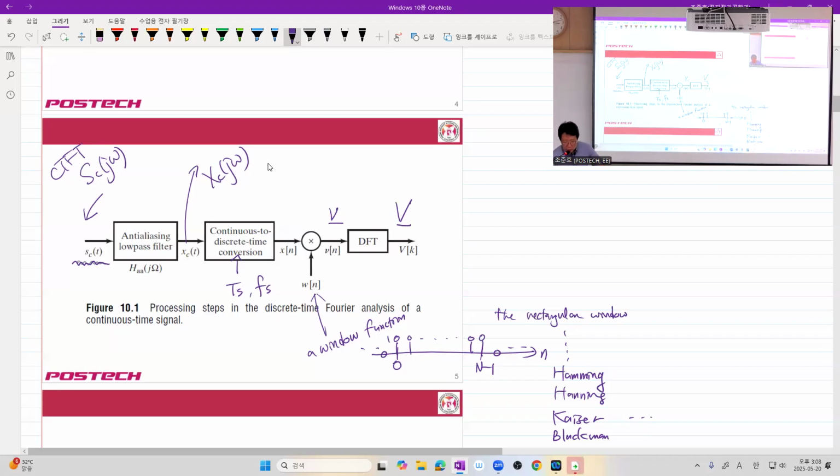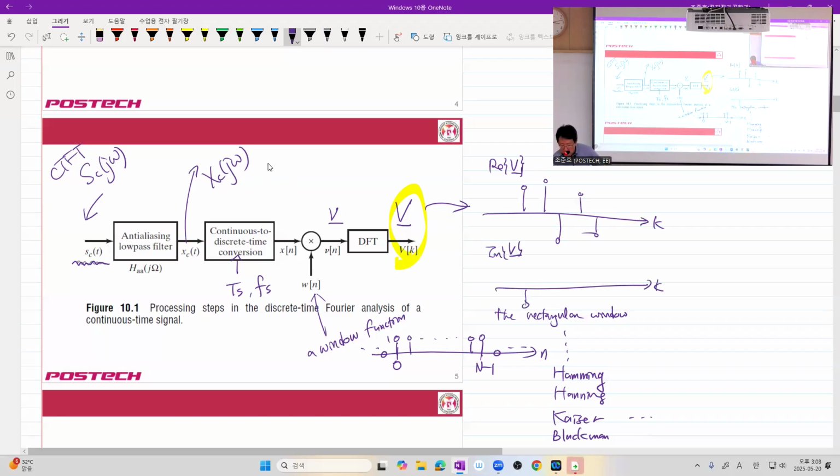And of course, this one may be visualized using stem, for example, real part of B, imaginary part of B. But what was our objective?